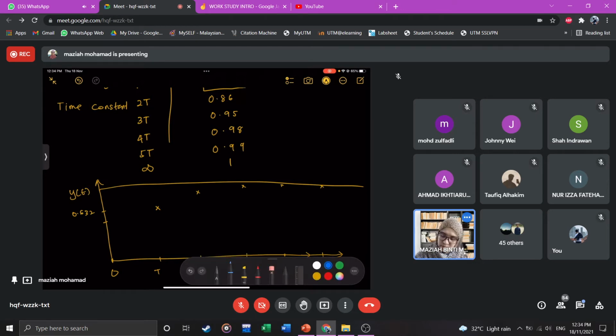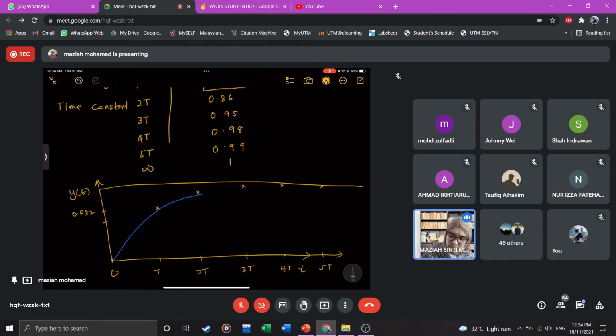If we plot the behavior, it will look something like this. This is how the first order response looks. It will reach the final value because here we consider K equal to 1. And this is the time constant.